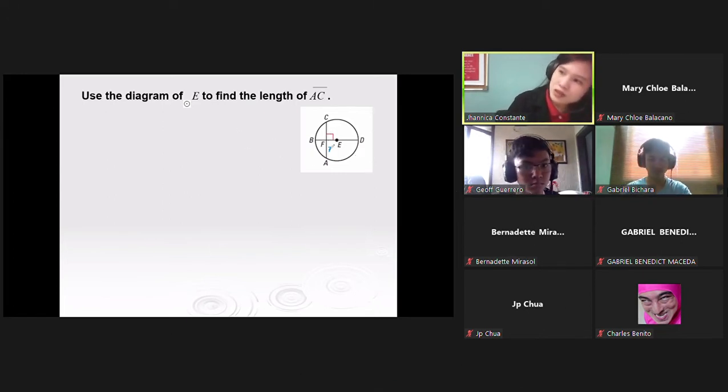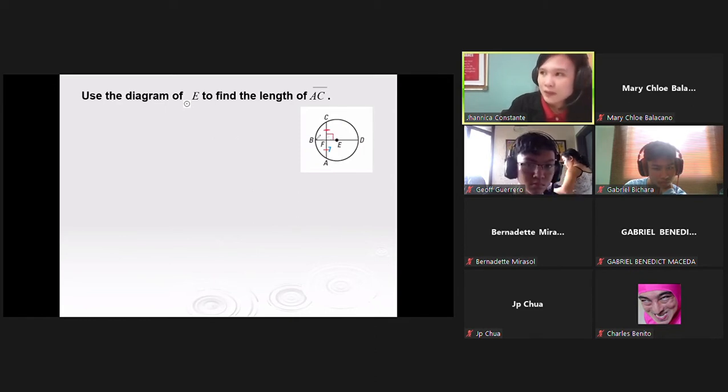So if this chord is being divided by our bisector diameter, which is BD, that means the measurement of AF is equal to the measurement of our line segment CF, since the diameter bisects our chord CA.